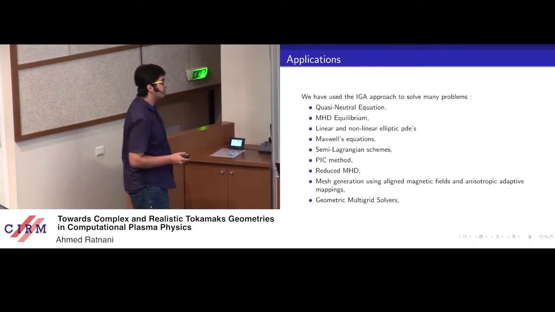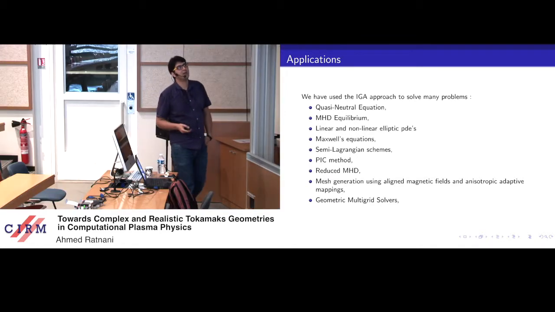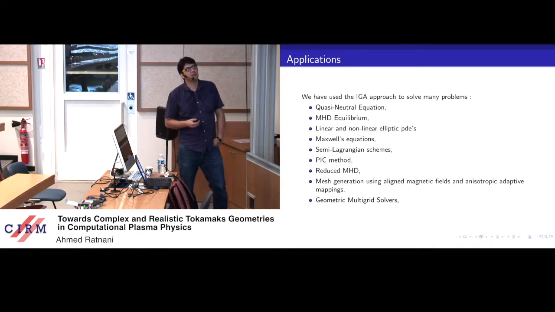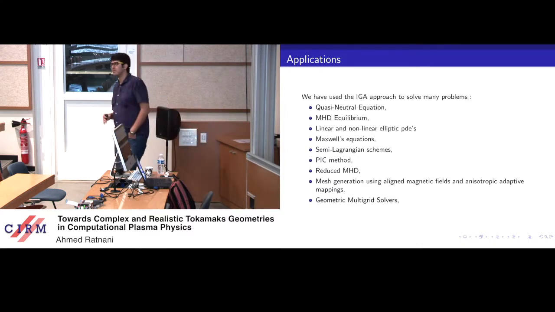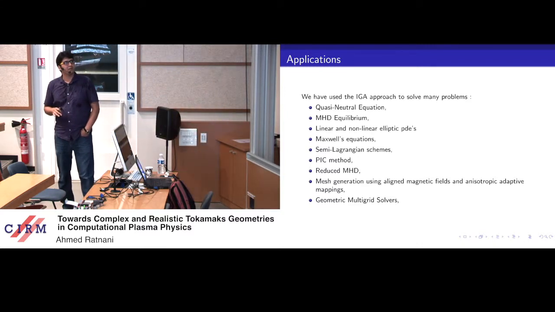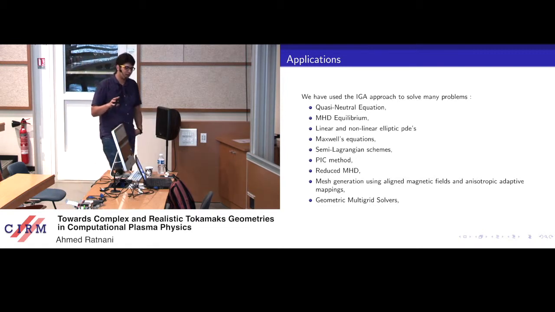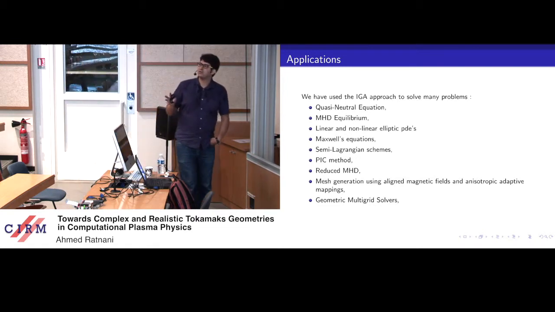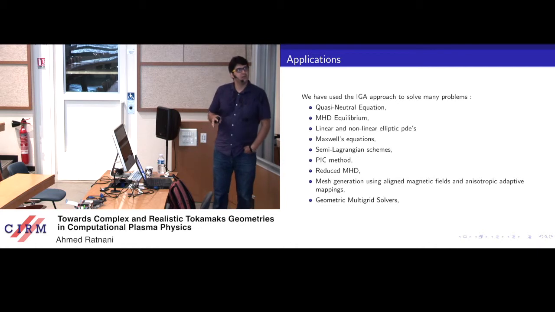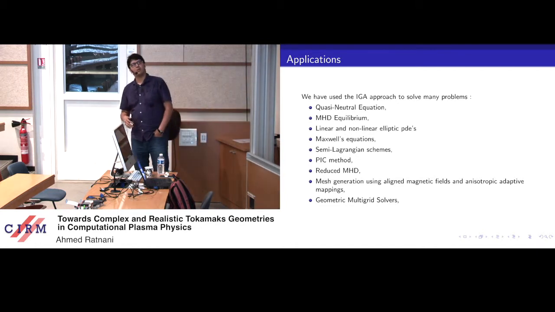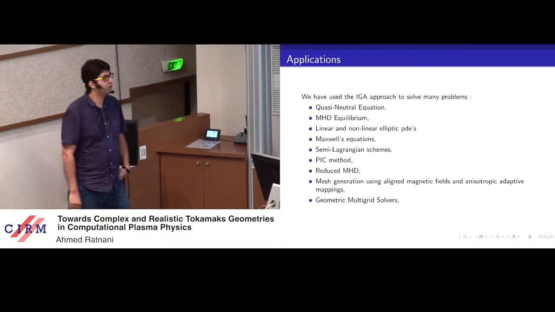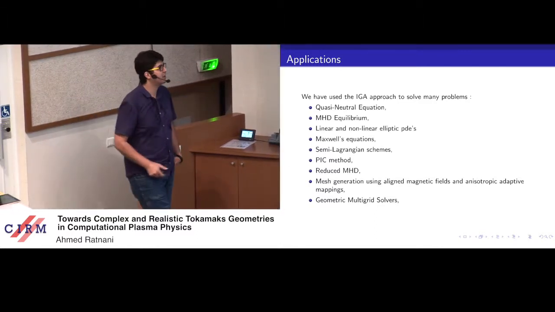I also call the semi-Lagrangian scheme a particle method. When you use particle methods, you have two things that you need to compute: the velocities and the position. So you have the choice: either you compute everything on the physical domain, or you compute it on the logical domain, or you do some mix between them.